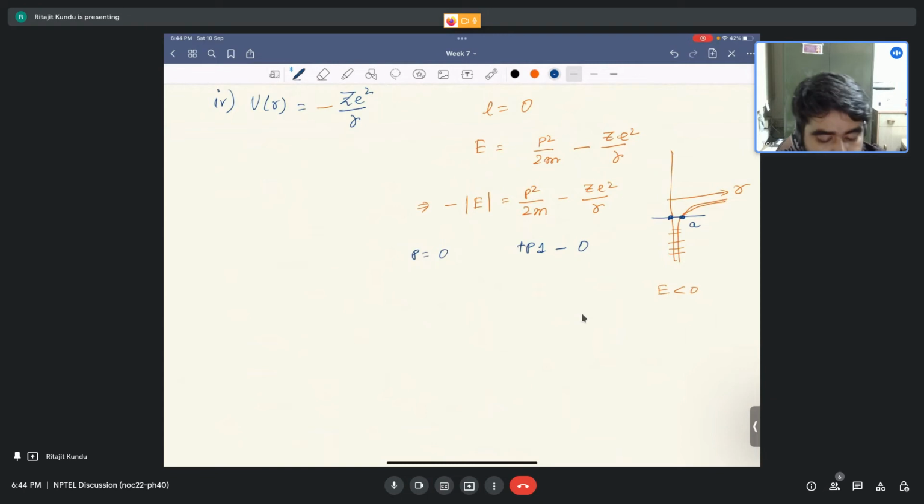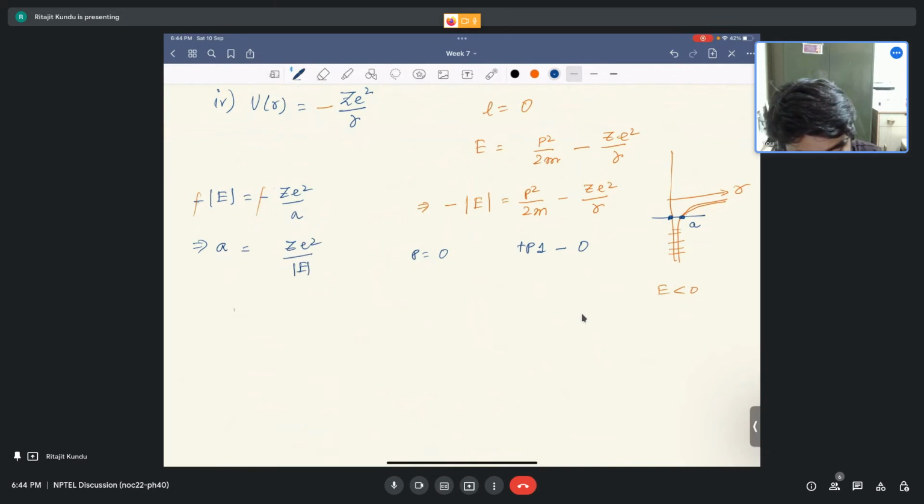At the turning point, momentum is 0. So we can find the expression for the turning points. Then I will have minus mod E equal to minus z e square by r. I am replacing r by A to get the expression for the turning point, and this minus cancels from both sides. So A is given by z e square by mod of energy. This is my one turning point.